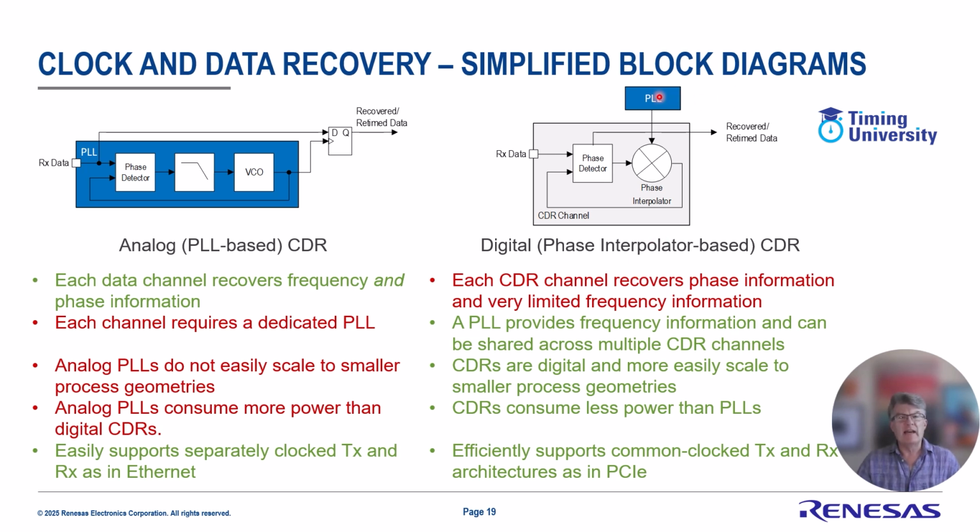There is a PLL that does recover the frequency information, and the good news here is this PLL in common clock systems can be shared across multiple CDRs, and we'll talk about that in a future section as well. So the CDR is digital, and so it scales more easily as process geometries shrink. It also tends to consume less power than an analog circuit, and it's an efficient way to support the PCI Express common clocked architectures, where you'll have a link that has anywhere from 1 lane to 16 lanes of data.